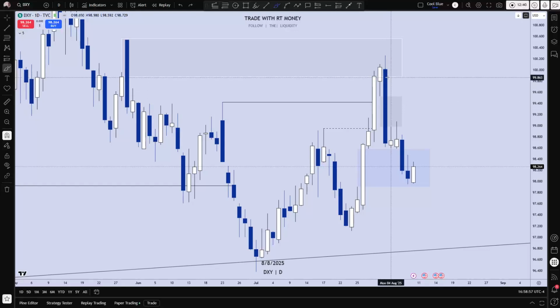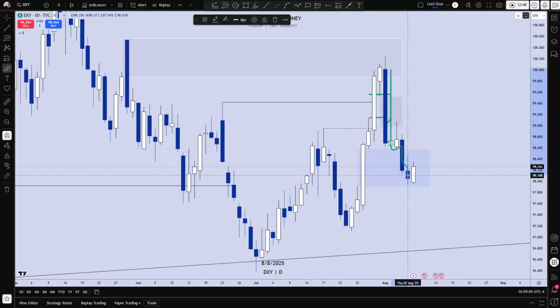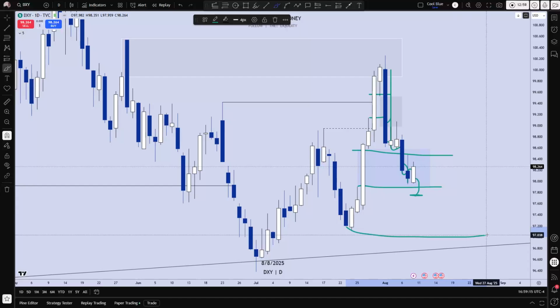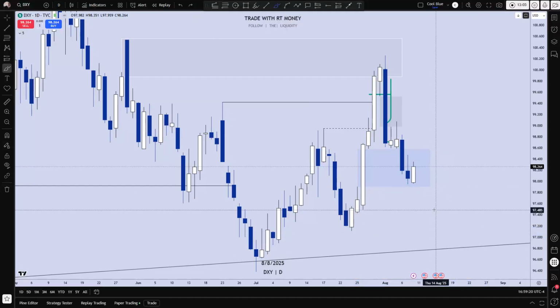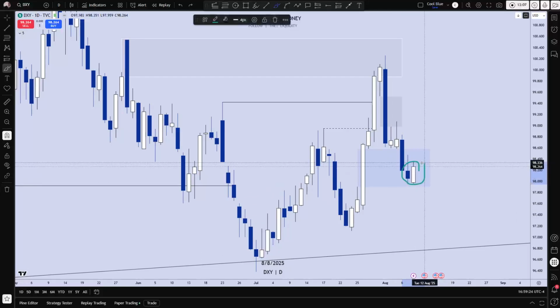When price pushed past this fair value gap here, it wasn't offering fair value. And then we're going through another fair value gap. If it's not going to offer fair value, which would be a close below it, it's seeking liquidity. Got it? So I'm looking to see if we find support in this Friday candle is the beginning of it.